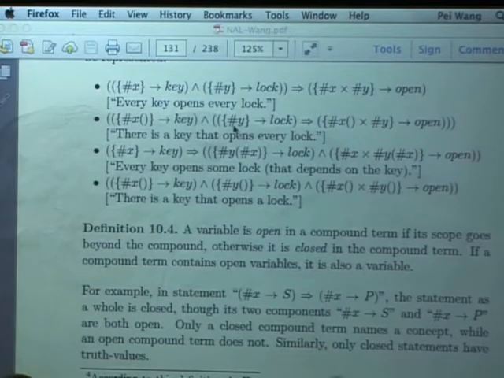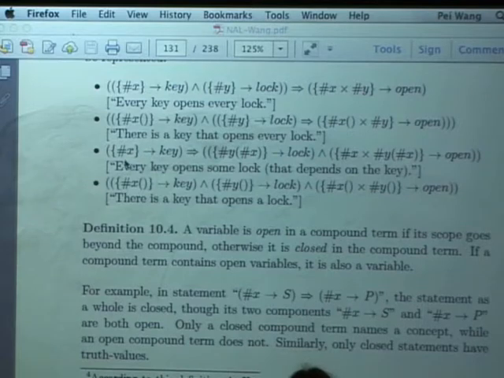If Y is a lock, you see here you cannot use X anymore because X is already used. Okay? You have to use a different variable name, whatever you pick. If Y is a lock, then X and Y have an open relation. And here X is one specific X, and Y on the other hand is independent. It's kind of like every Y which is a lock. Okay? So that's the second possible combination between the two.